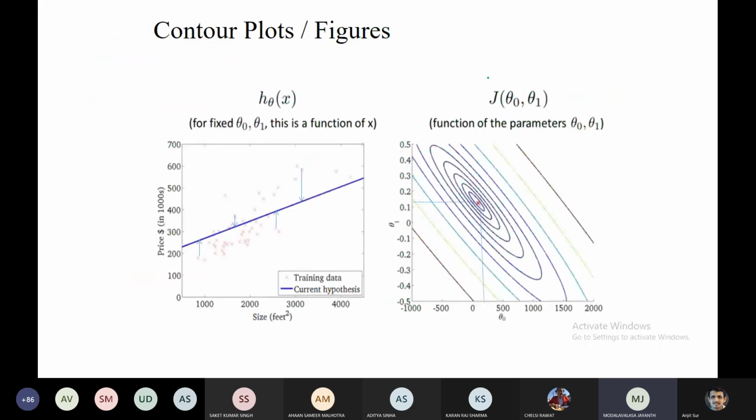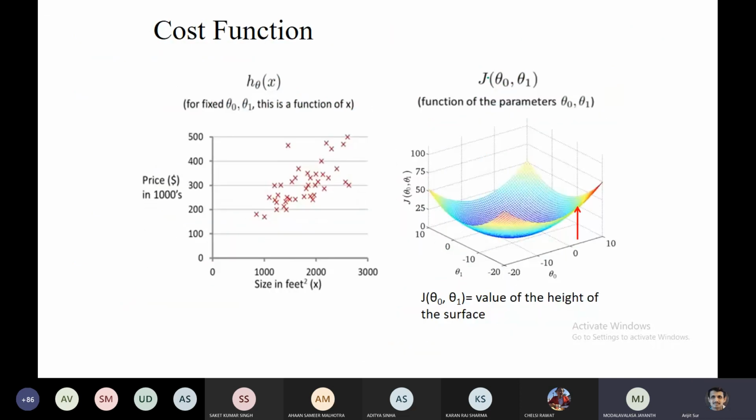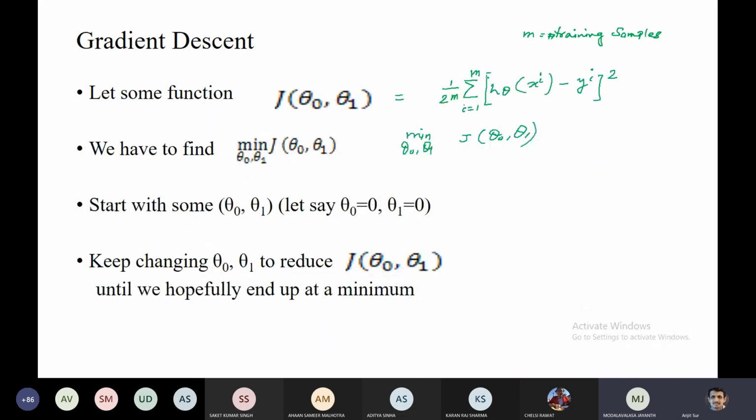We start with, as I said, an arbitrary θ, θ0 and θ1, and keep on changing θ0 and θ1 to find this particular local minima.